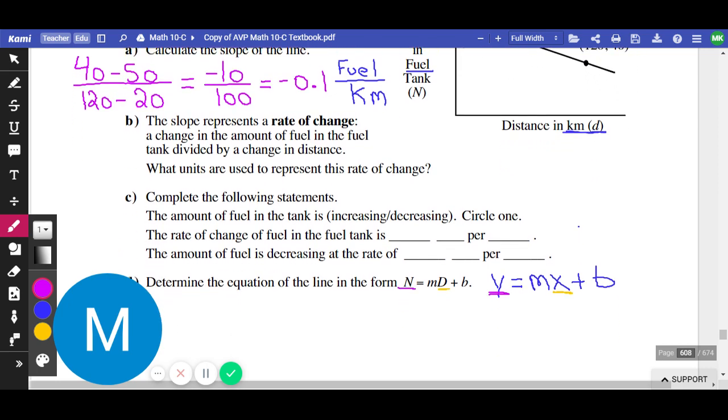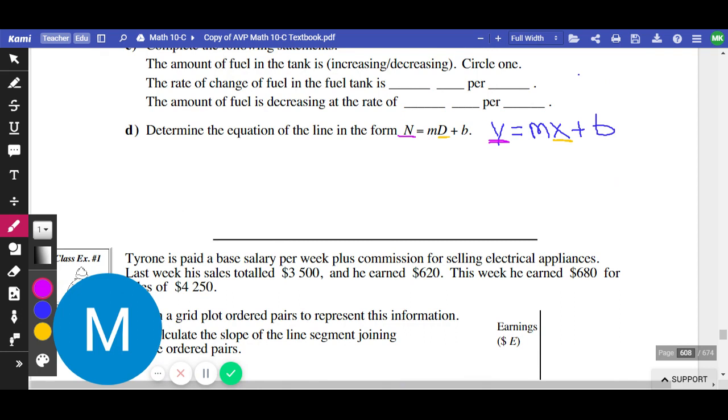So we're going to create an equation in this form. Y minus y1 equals m times x minus x1. Even though they wanted slope-intercept form, I'm going to create slope-point form because that's what I have the info to create.